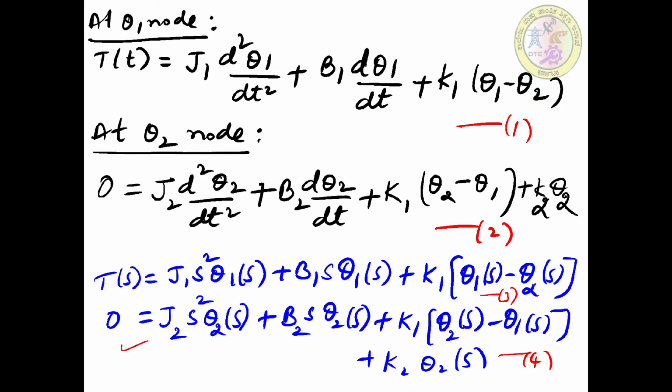There is a b2, then k1, and then k2 is there.